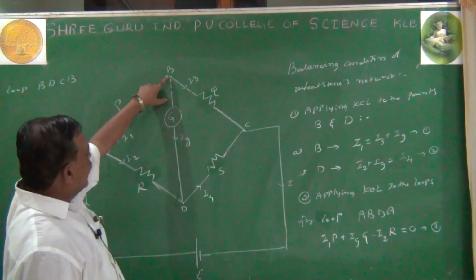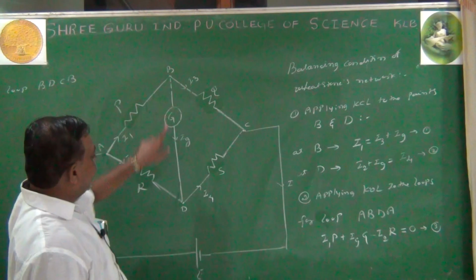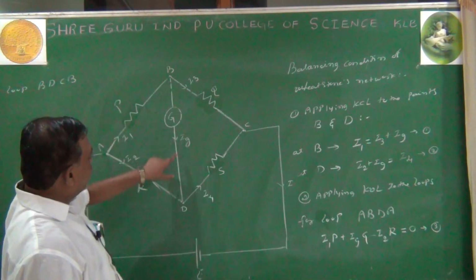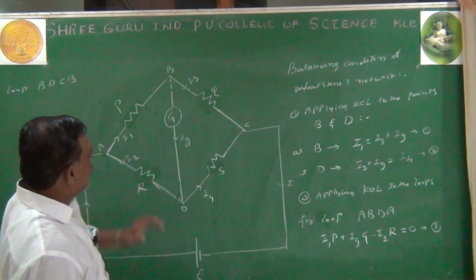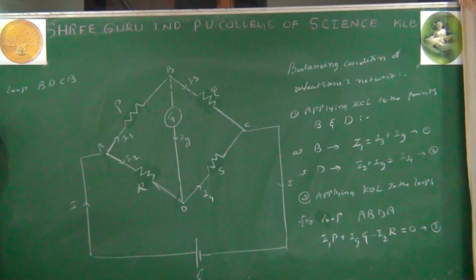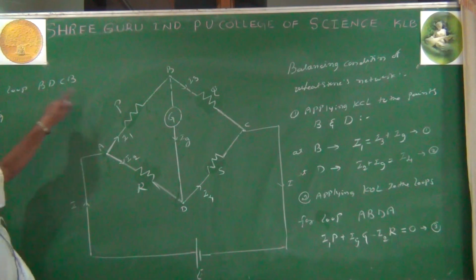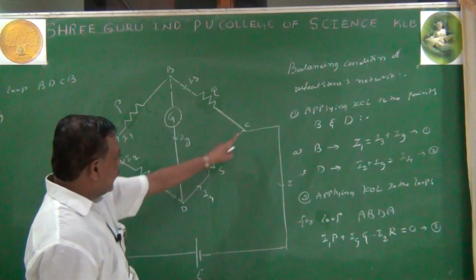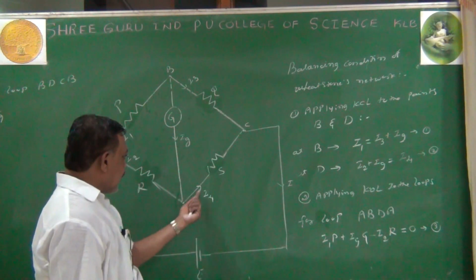IR product: I am tracing the path BD. So current is also along with me. Hence the IR product is positive, Ig into G. Then D to C. I am tracing the path D to C. The current is also along the direction of my trace.